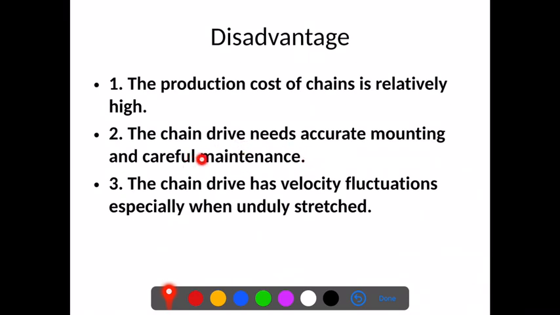So careful maintenance and lubrication is needed for chain drives. Then chain drive has velocity fluctuations, especially when unduly stretched. As we continuously use the chains, there will be some elongation or stretching of the chain, and as the chain gets stretched, there will be velocity fluctuations in the drive.